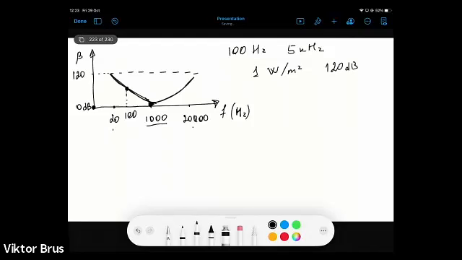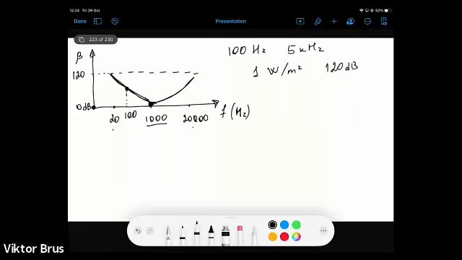It will be equally loud to us and equally disturbing and not comfortable. So these are some perception features of our ears, and in general it is kind of useful to have an idea how it works.